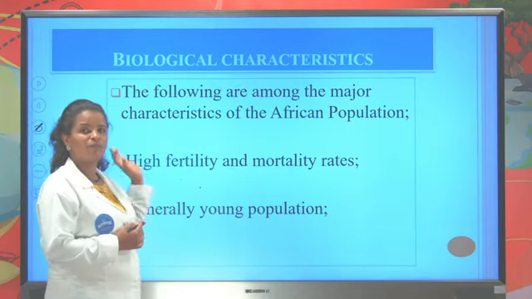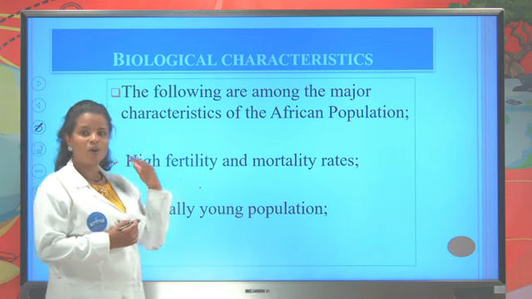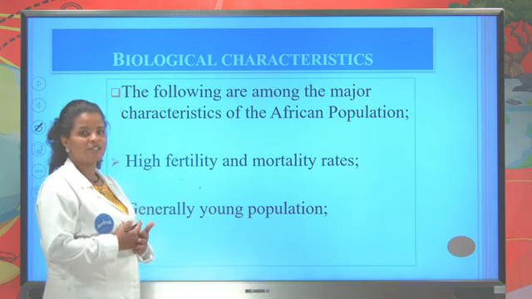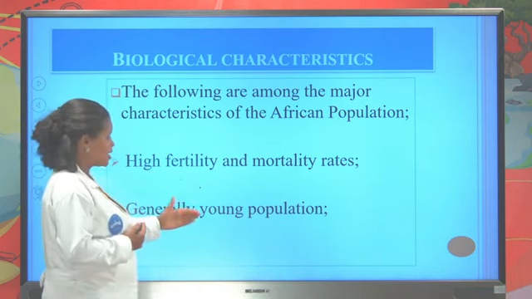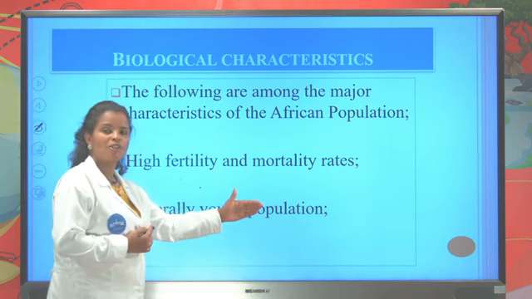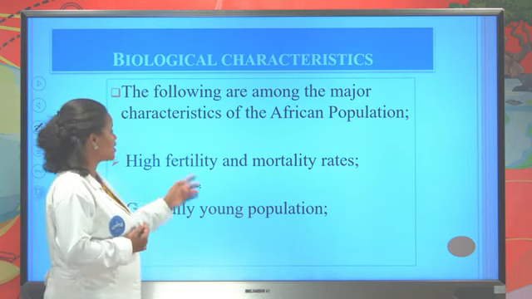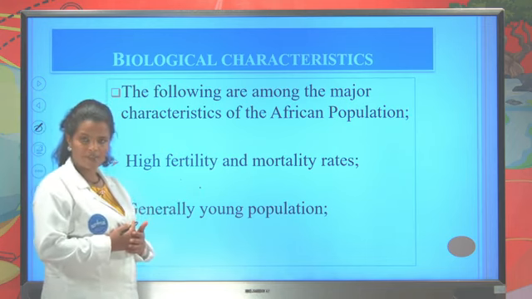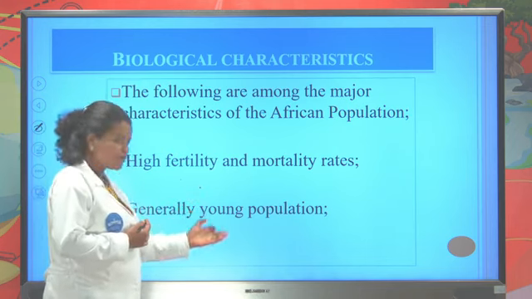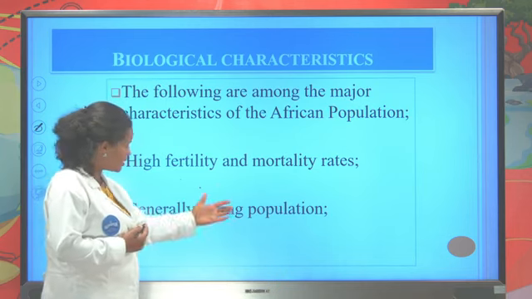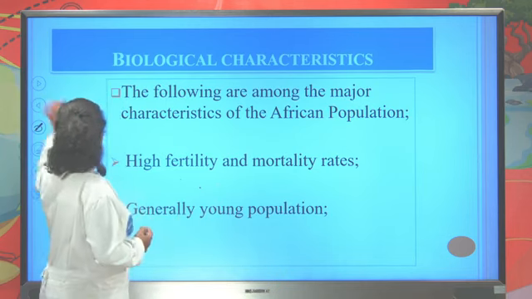In Africa, mortality is very high, and also the fertility rate is very high. Generally, the young population group dominates the population of Africa. It is a result of high fertility. We understand this from the median age. The median age is 18 years.